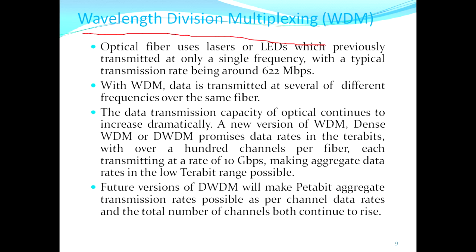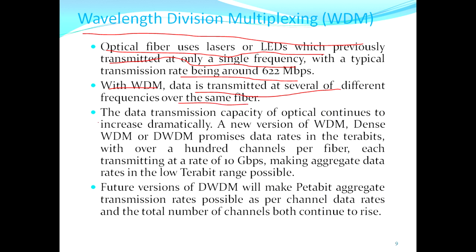The next one is wavelength division multiplexing, which is mainly used in optical fiber, using an LED or laser as the source of light. It was previously used for single frequency transmission with a typical data transmission rate of 622 Mbps. With WDM, data is transferred at several different frequencies over the same fiber.